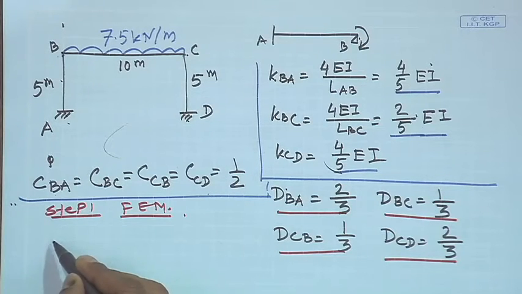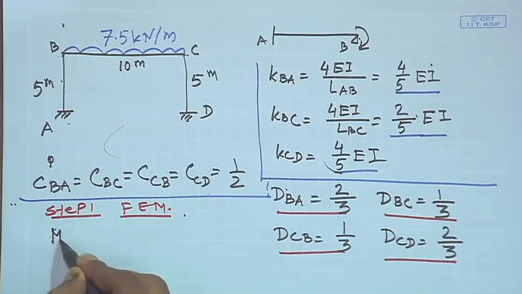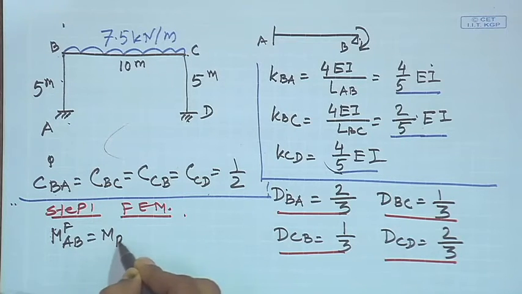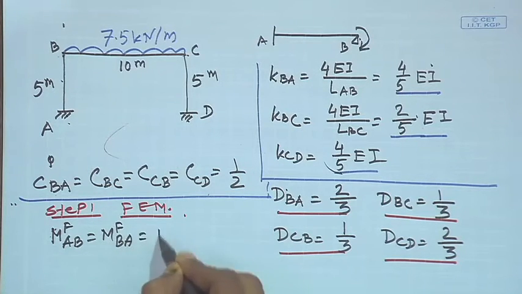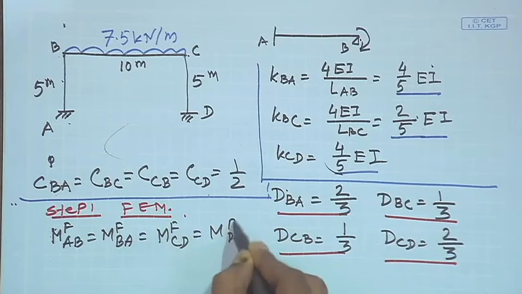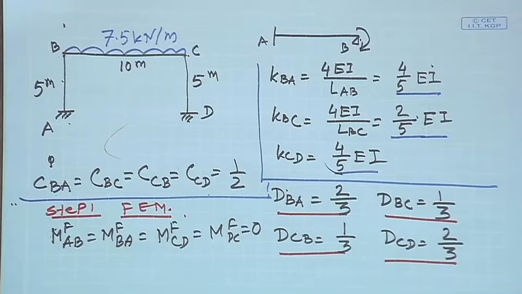So, the fixed end moments MAB, MBA, MCD, and MDC will all be 0.